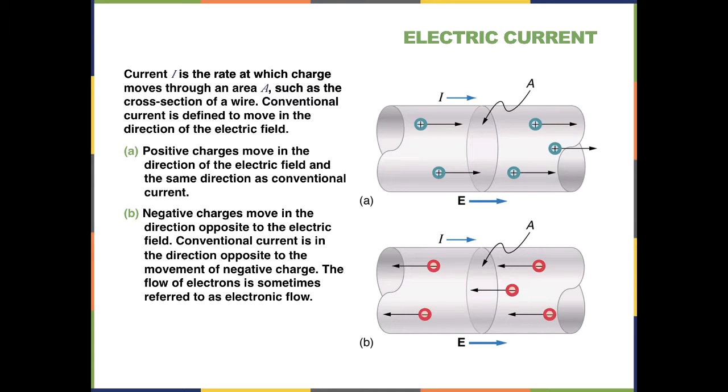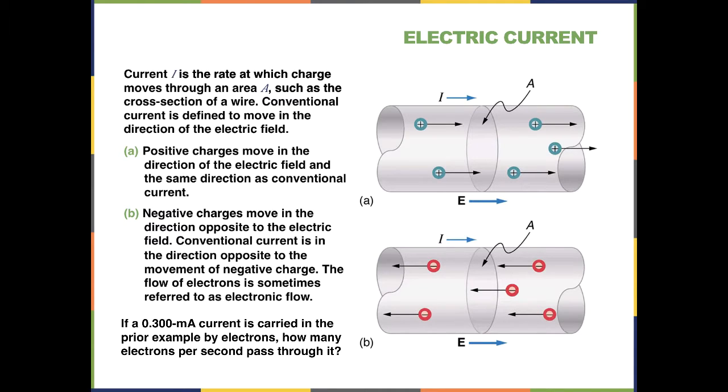This is all convention, and basically somebody a long time ago decided to do it this way. The flow of electrons, sometimes referred to as electronic flow, is always in the opposite direction of the field. The positive charges move in the same direction as the field, and you can see I represents the current, and the current is always in the same direction that the positive charges would flow.